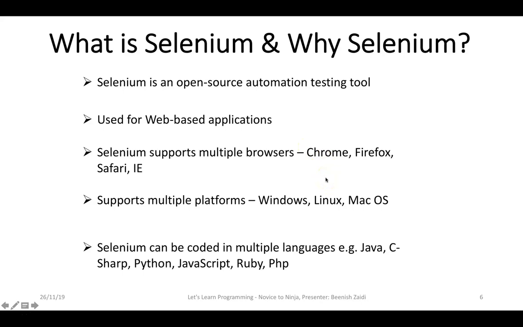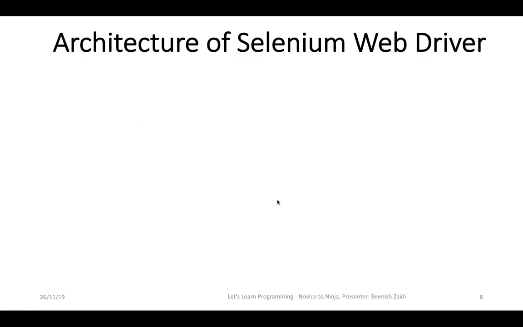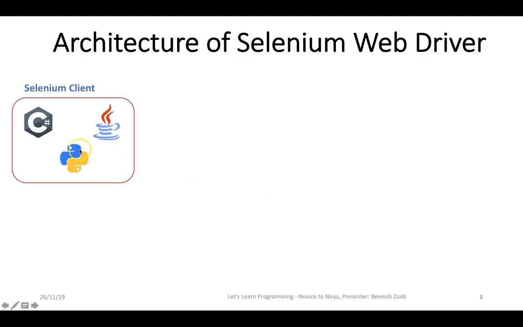Before going ahead and talking about how we can configure Selenium on our development machines, it's important to talk about some high-level architecture. The first thing, when you write automation testing scripts in any of the languages like C# or Java or Python, these are known as Selenium clients. So you can write your test scripts in any of the languages which I mentioned earlier.